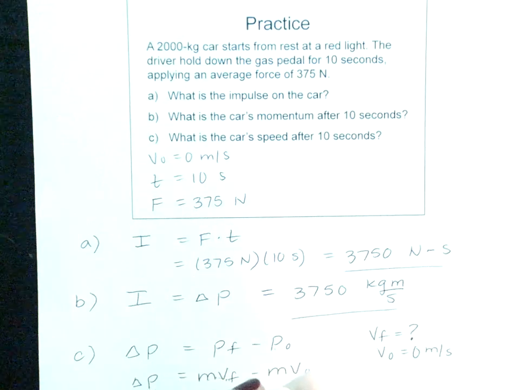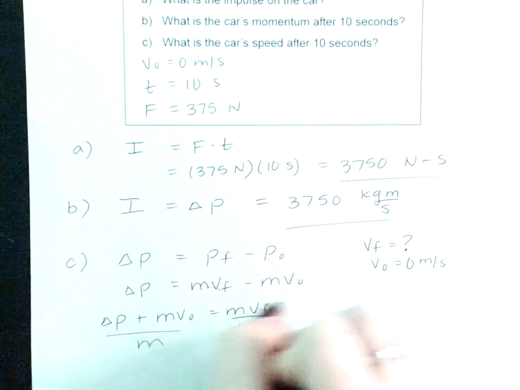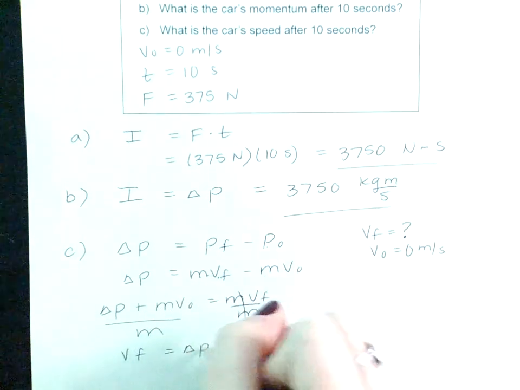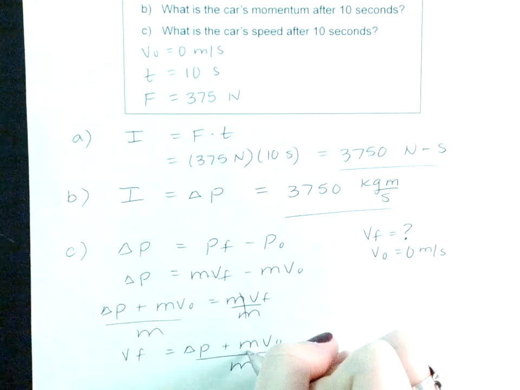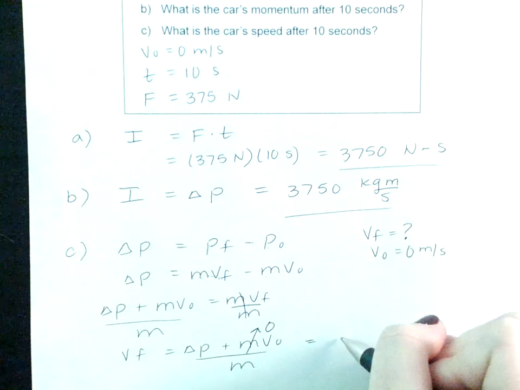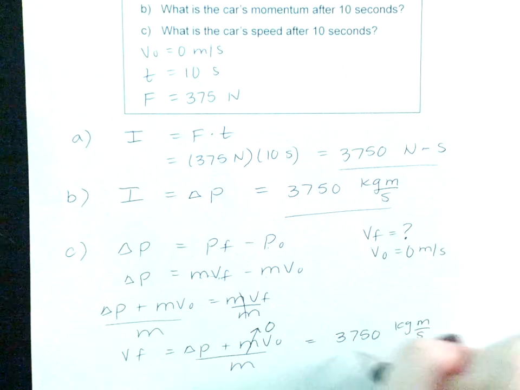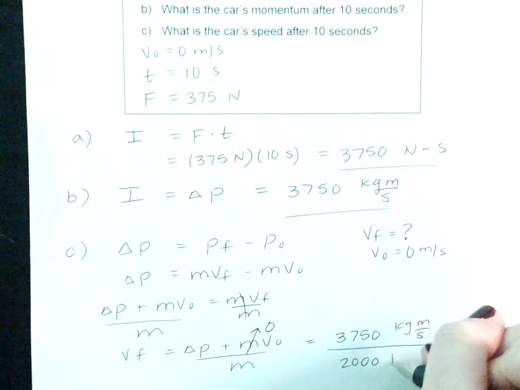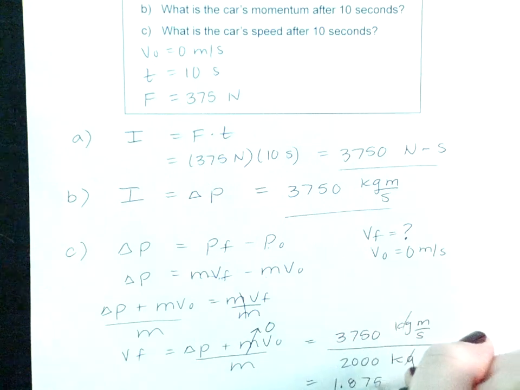Delta P plus mv initial equals mv final, divide through by m. You're left with V final equals delta P plus mv initial over m. Since we know the V initial is 0, that cancels this factor out. So we're left with 3,750 kilogram meters per second divided by our mass, which was 2,000 kilograms. You get 1.875 meters per second.